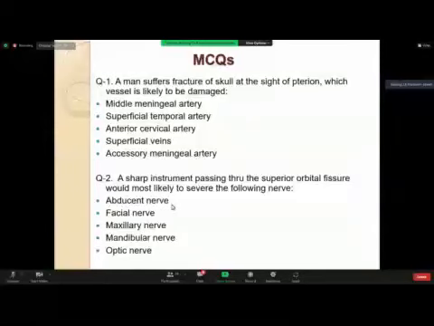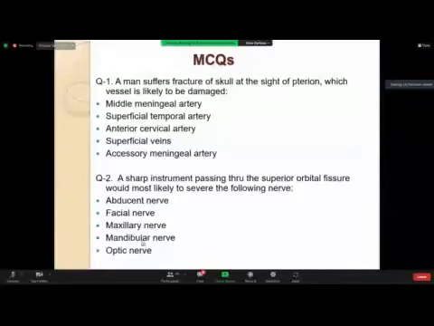Abducent nerve is the correct answer, which is the 6th cranial nerve. तो अगर हम याद करें तो we have first cranial nerve from the cribriform plate, second cranial nerve which is the optic nerve from the optic canal. We have 3rd, 4th, 5th and 6th cranial nerve. ठीक है. These are from the superior orbital fissure.